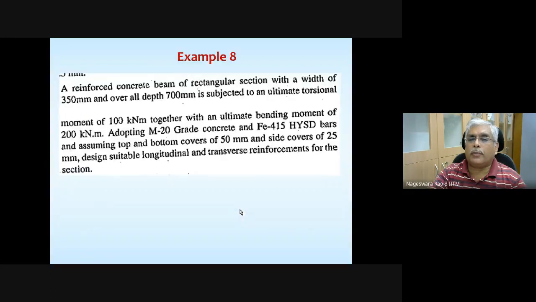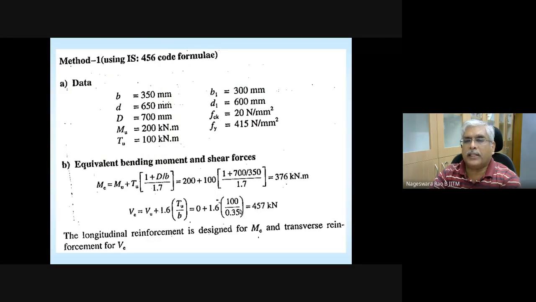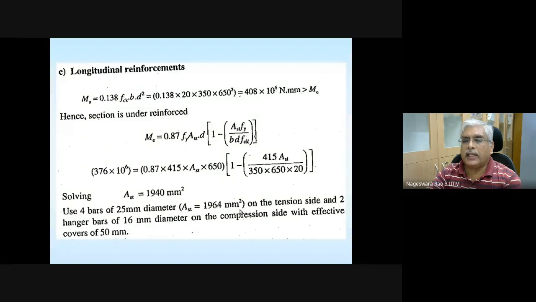You can go through them, with whatever explanation that I have given. It's all self-explanatory. You can make use of the relations that are given in IS 456 and get the values, and then, if possible, cross-check them with SP16.